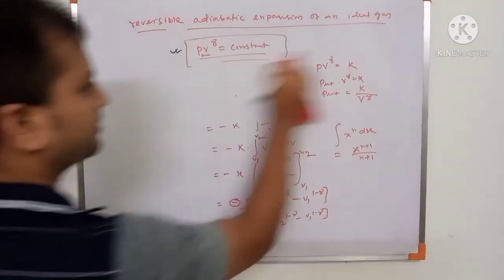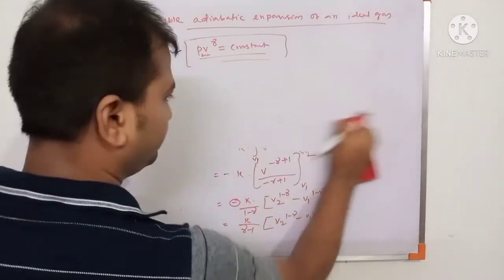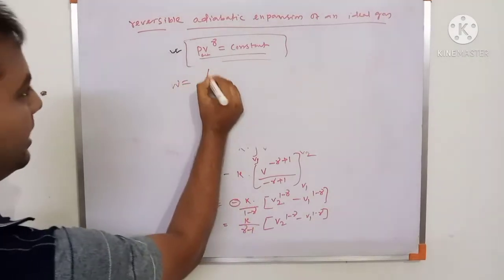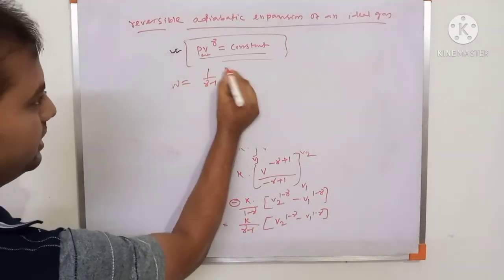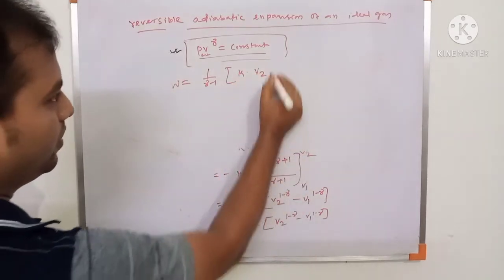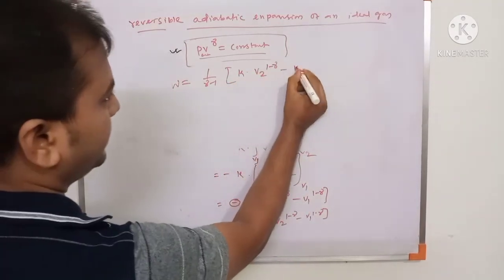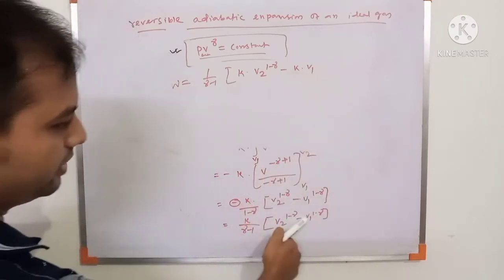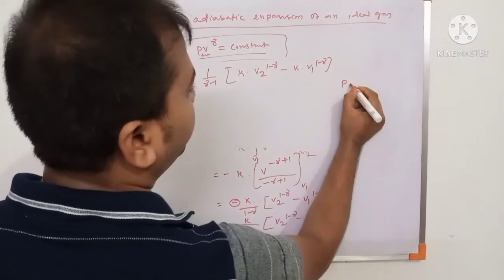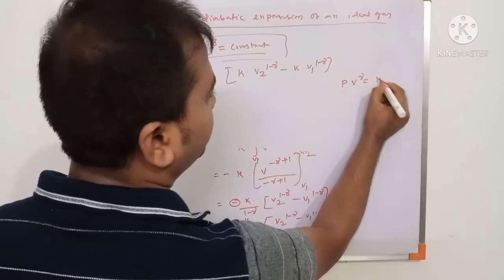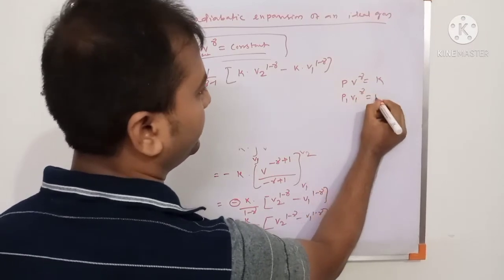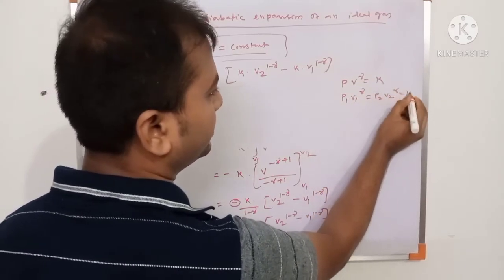Taking the minus common, this is K by gamma minus 1 into (V2 to the power 1 minus gamma minus V1 to the power 1 minus gamma). So work equal to 1 by gamma minus 1 multiplied by (K V2 to the power 1 minus gamma minus K V1 to the power 1 minus gamma). Now PV to the power gamma equal to constant K, so P1 V1 to the power gamma equal to P2 V2 to the power gamma equal to K.